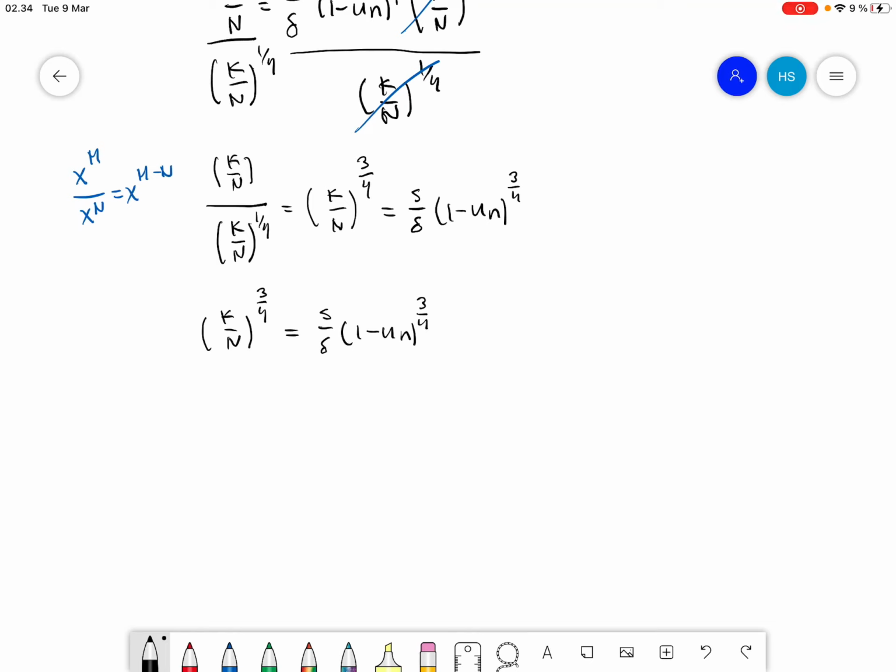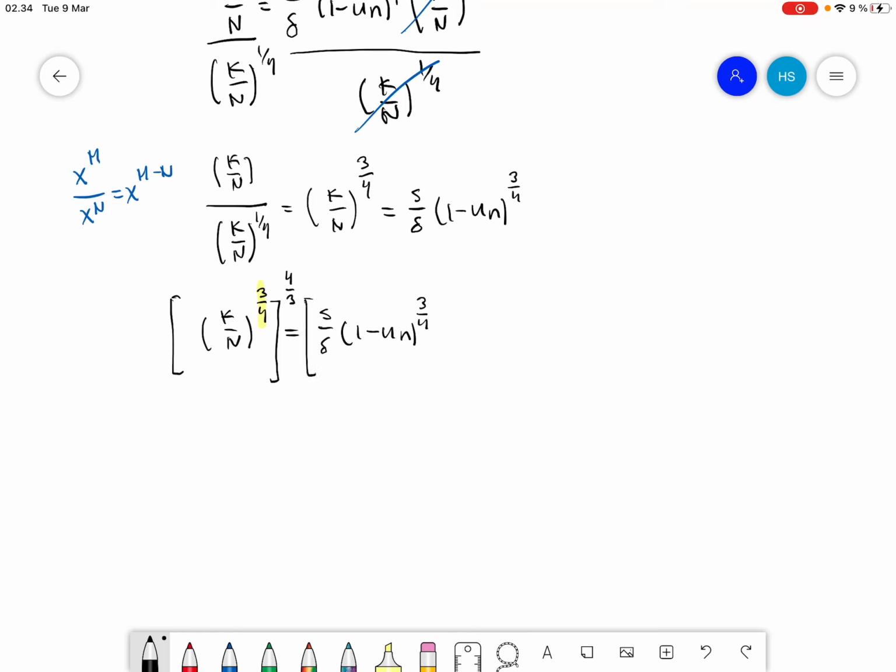So how to solve for the capital stock per worker in steady state? We take both the left and the right hand side to the power of the inverse of 3/4. What is the inverse? Well, the inverse is 4 over 3.